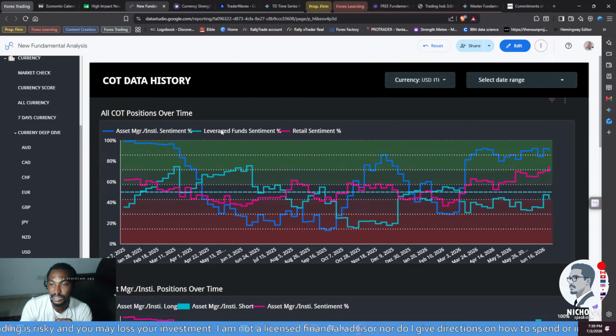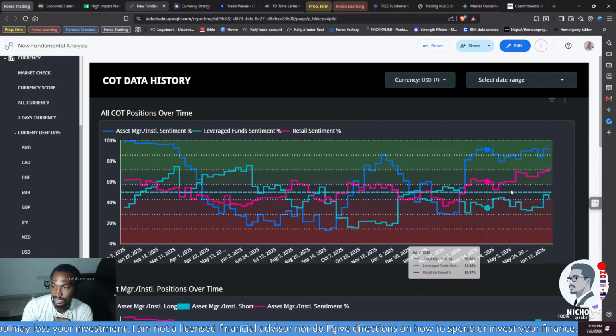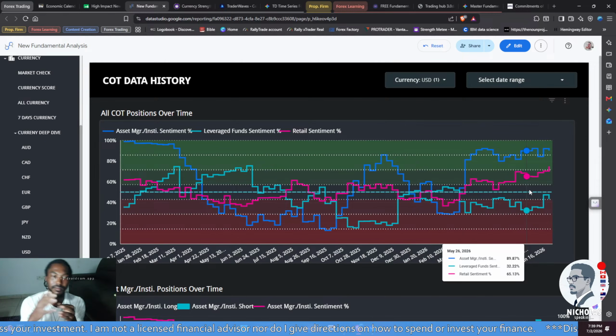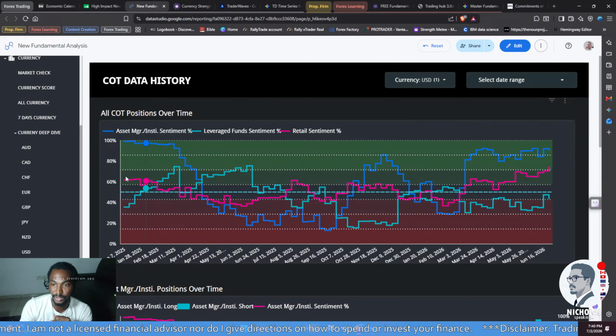But that's not the point. The point is, if you look at the different stance of these different people, these are the main market participants. When you look at their stance, you start to know, is this asset more valuable now or less valuable now? This is their stance over time, ever since January 2025.